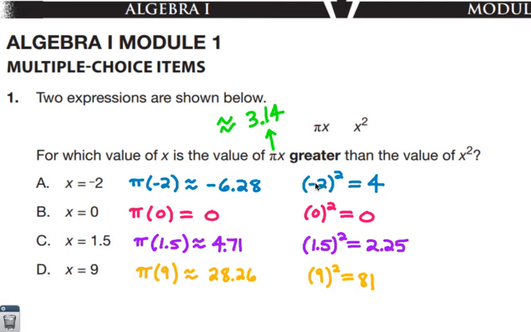And this is worth pointing out. If you are squaring x, if you're trying to figure out the value of x squared, and x is negative, then you've got to make sure you square the entire -2.